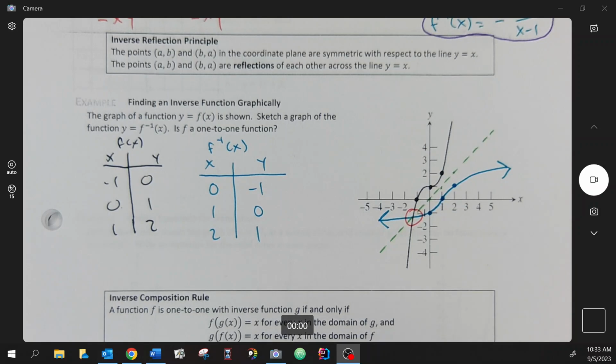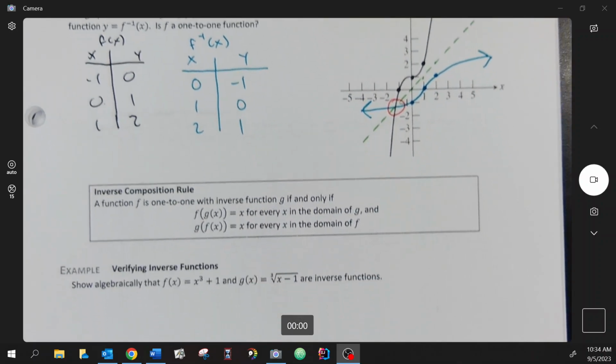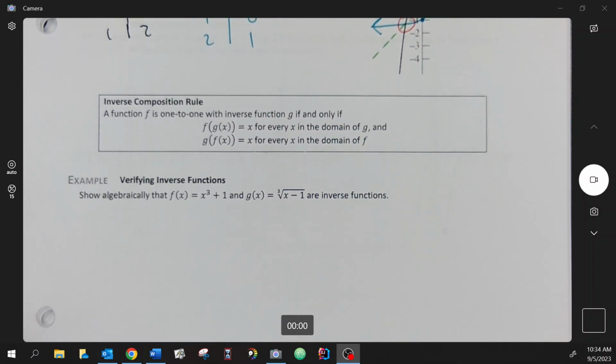And Sebastian, you asked me a question a minute ago, and my answer to you was it's the same mathematics, just in reverse order, basically canceling each other like inverse operations, right? Okay. The inverse composition rule basically says what I just repeated to Sebastian.